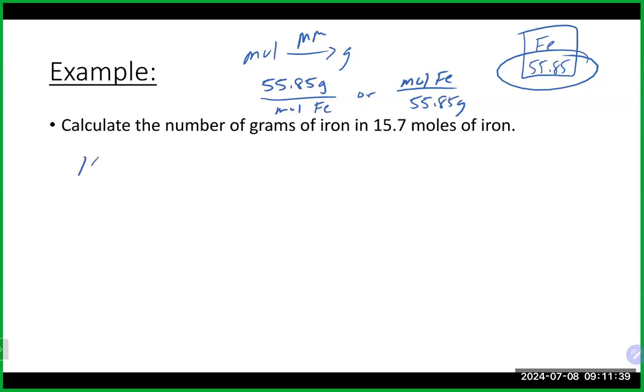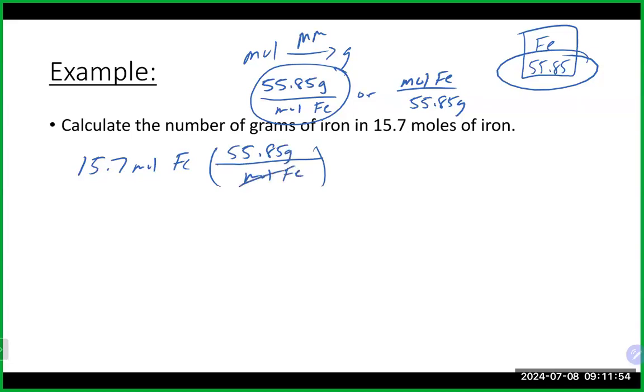So here we will start with 15.7 moles of iron. We want to go opposite to cancel, so we do want to use the molar mass in this form here. That's going to leave us with grams, and our moles of iron will cancel. We're going to multiply our 15.7 times our 55.85, and that's going to yield us something like 877 grams of iron in this particular case.